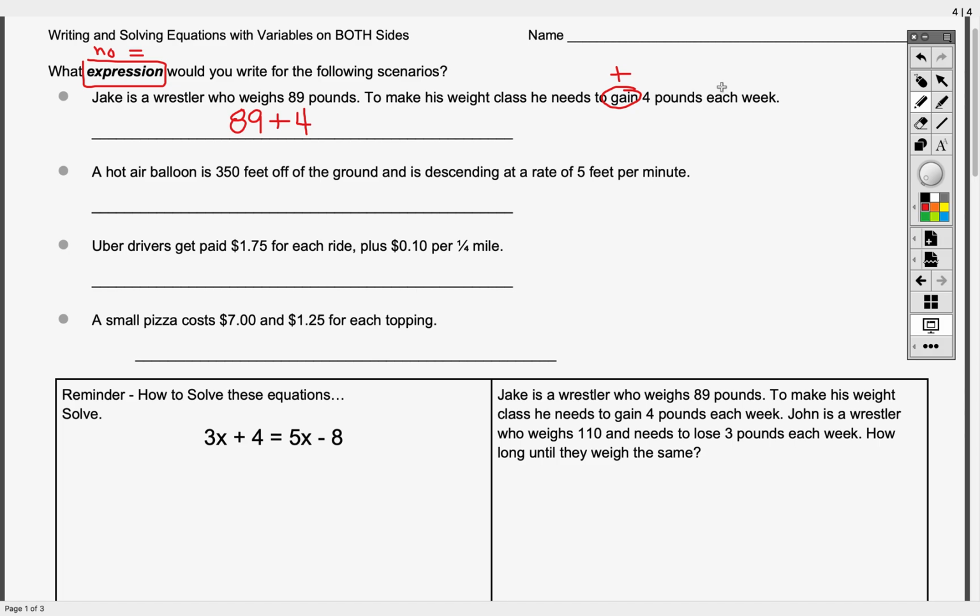The word each tells us to multiply. Each what? Each week. So if this were each day, I'd probably use a variable D. If this were each year, I would probably use the variable Y. If this were each month, I'd probably use the variable M. But because it's each week, I'm going to use the W.